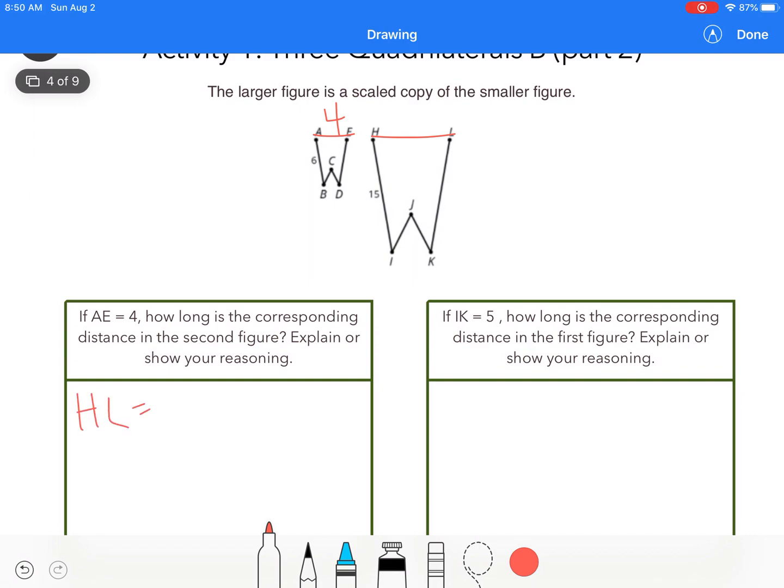So to figure that out, I'm going to have to look at the other options that I have for measurements. So I know that I have 6 and 15. So I need to think, what would I multiply 6 by to get to 15 to get our scale factor? Okay, so I'm going to use a table, and I'm going to look at 6 and 15.